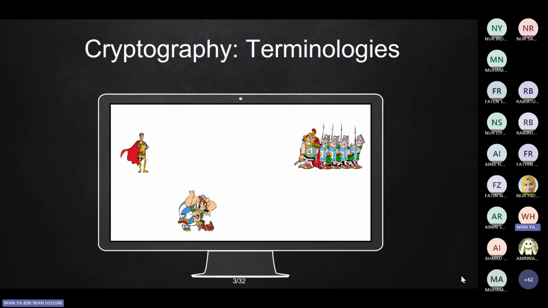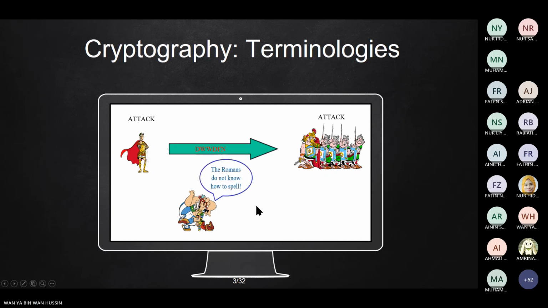Caesar here, and he wants to send a message to his group, and this is Asterix and Obelix, the Gaul. Caesar wants to send this attack message to his group without the Gaul knowing.